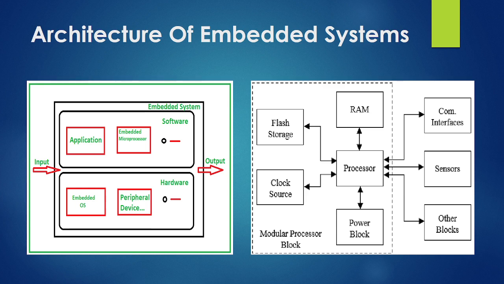For example, if I am developing a system which measures the temperature in the environment using Arduino, firstly we need to interface the sensor to the Arduino board. That is the hardware part, in which we are doing the interfacing.